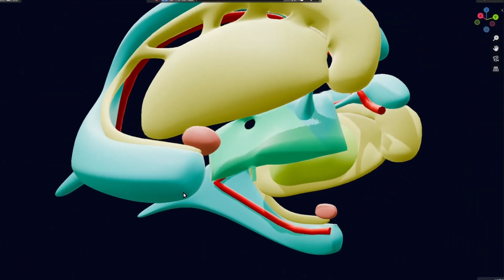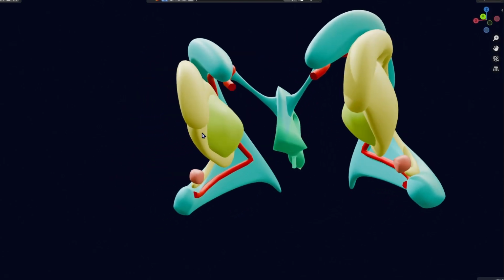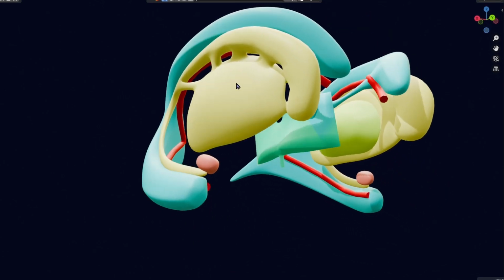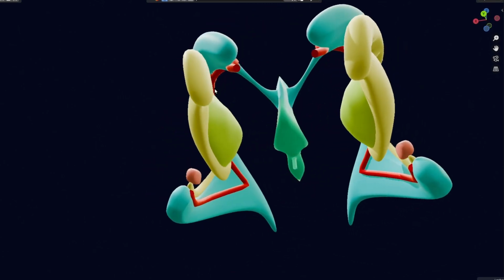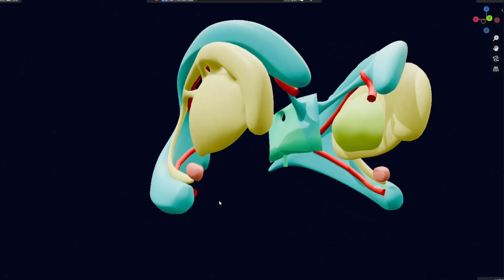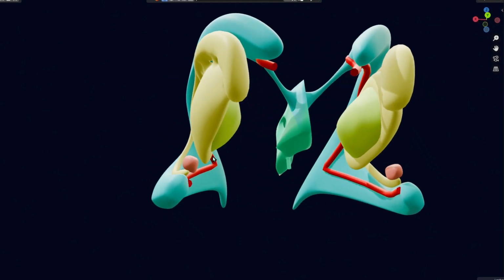So that was the amygdaloid nucleus. From this lecture up till now, we can infer that the lateral ganglionic eminence developed the caudate as well as the putamen. The medial ganglionic eminence formed the globus pallidus, and the caudal ganglionic eminence formed the amygdaloid nucleus.